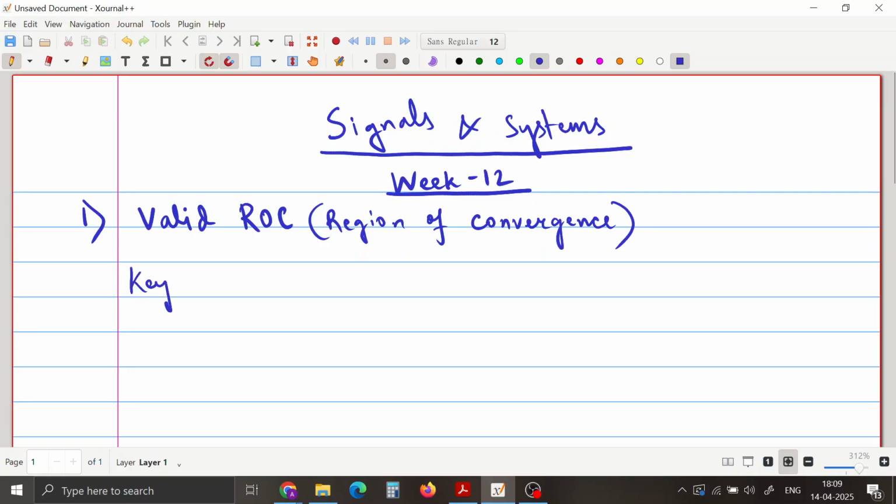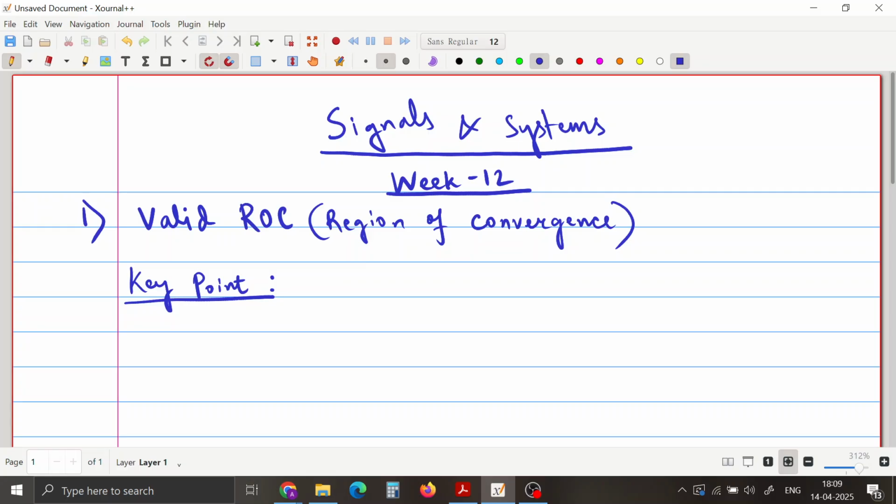The key point that you should remember, as we have seen in the lectures, is that the ROC should not contain any poles. So what are poles? The poles are basically the roots of the denominator polynomial of your Z transform, right?